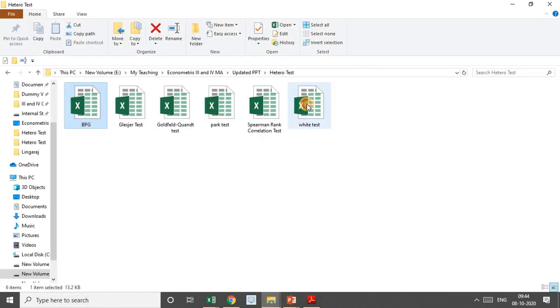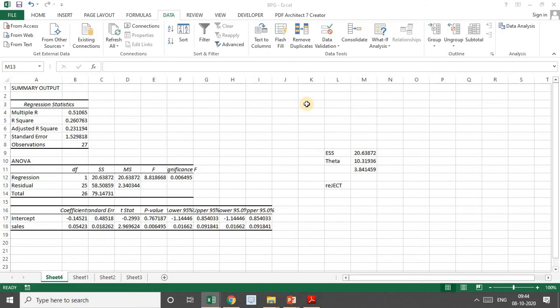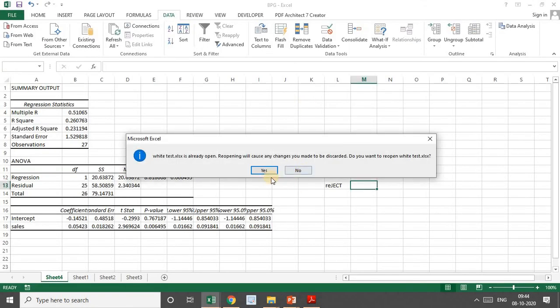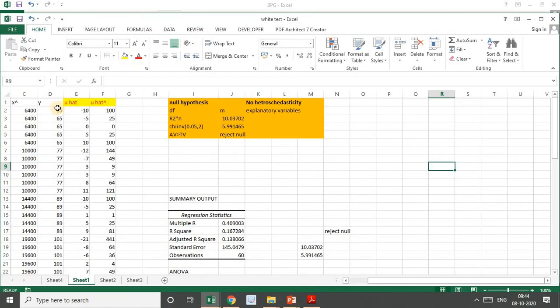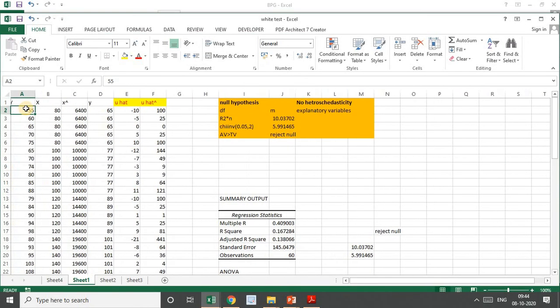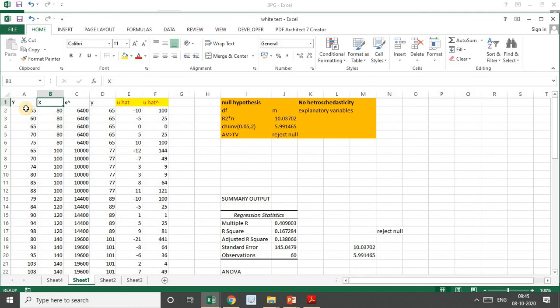Okay, so if you take the test, yes, look at this value here. We are having only one explanatory variable x. Okay, what you have to do?